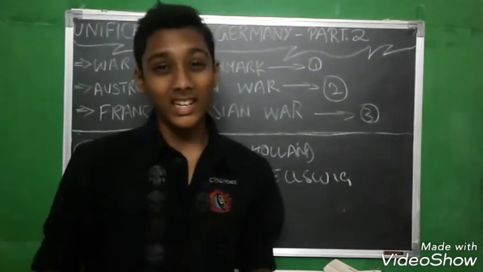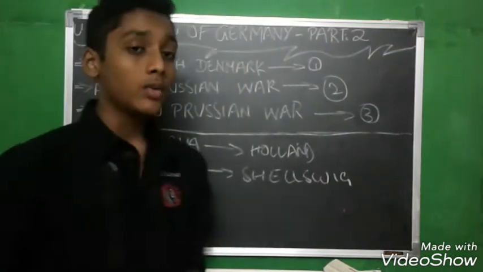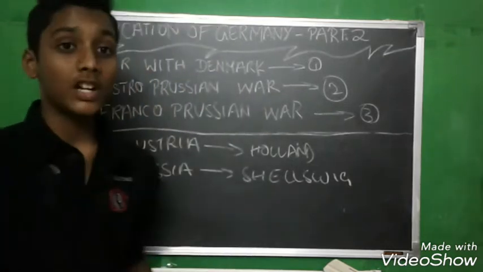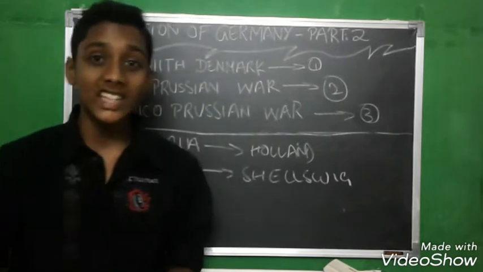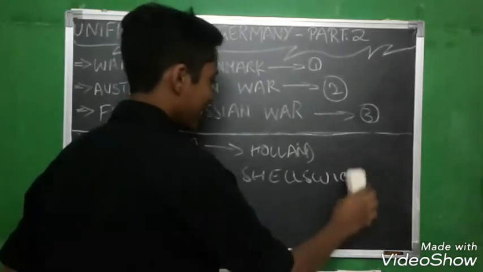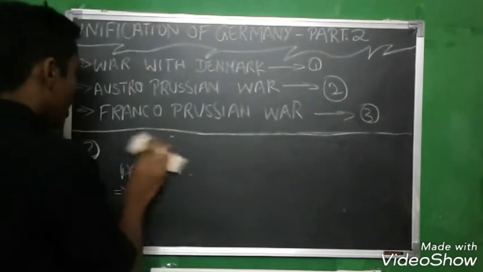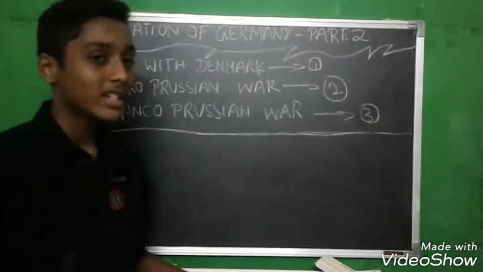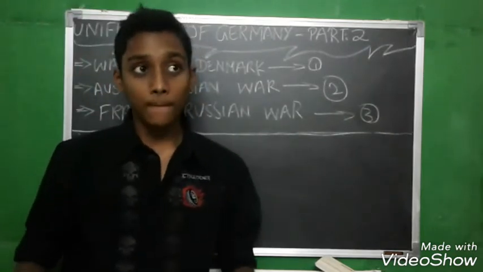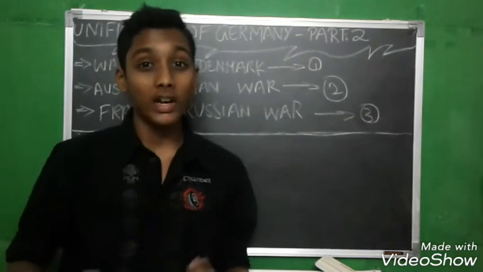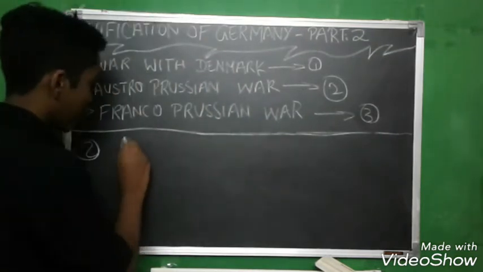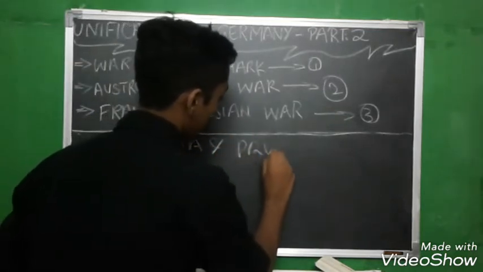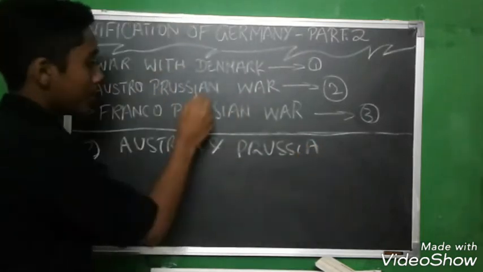Because of the increase in armaments, Austria was really scared that Prussia might go against it. Austria was a little bit scared of Prussia because it had more armaments. So it led to a war between Austria and Prussia, called the Austro-Prussian War.